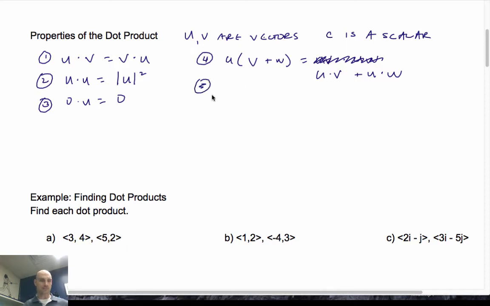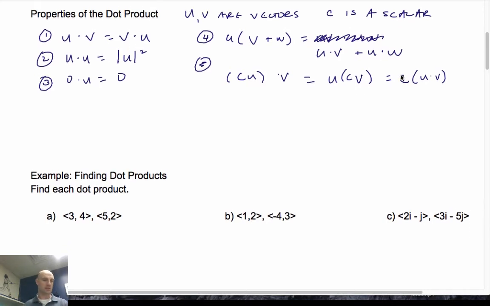Number 5: so that's kind of a variation on the distributive property with dot products. Number 6: the scalar c times (u dot v) is equal to (c times u) dot v, which equals u dot (c times v). Okay, these are just variations on properties. You'll see them play out as we do a couple of these things here.